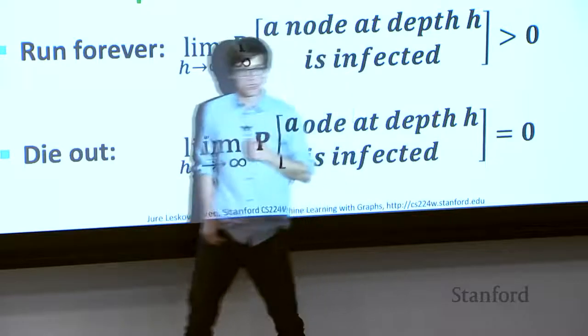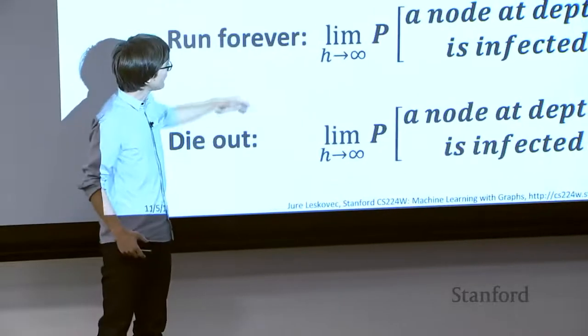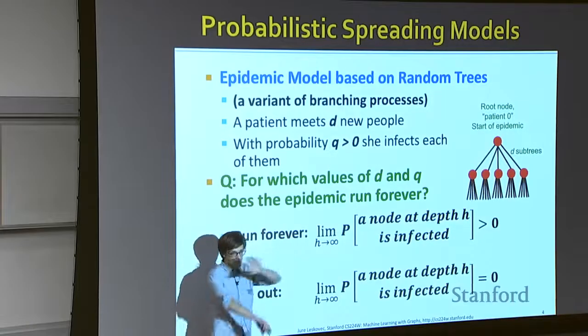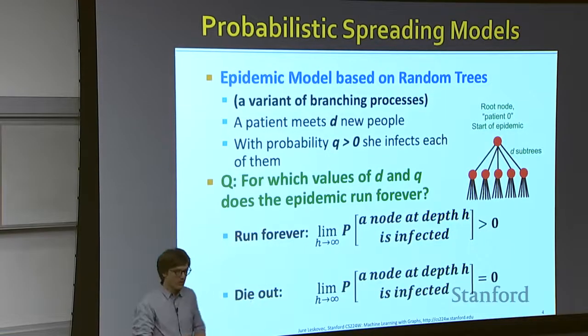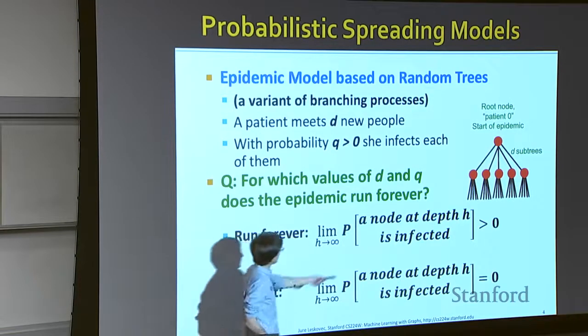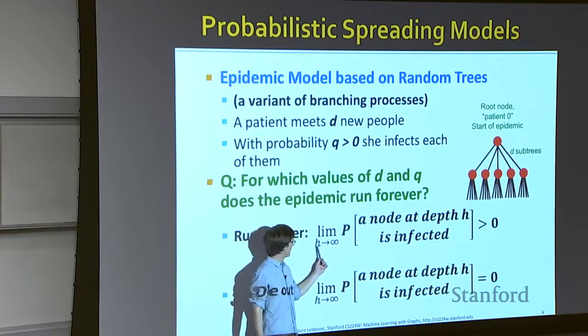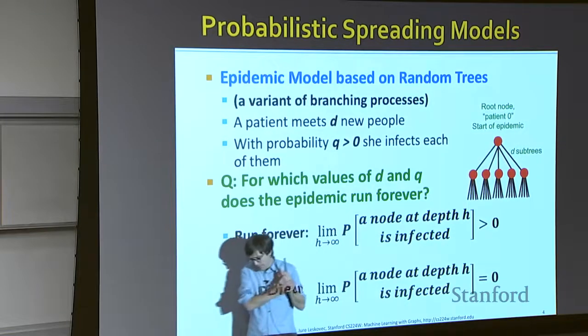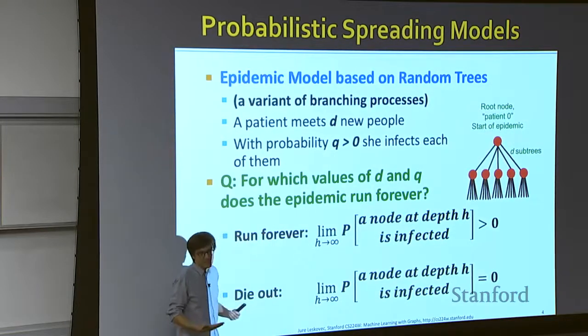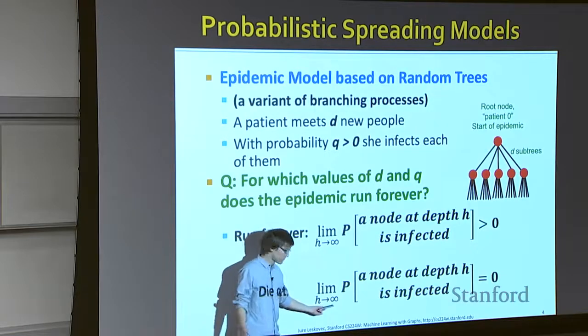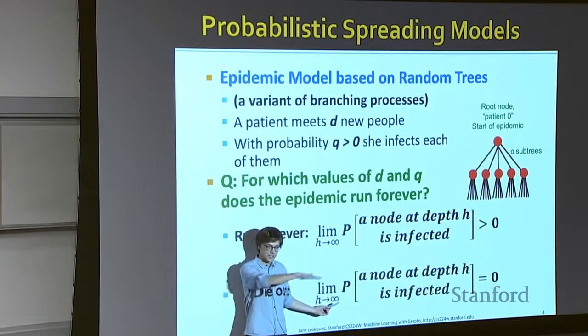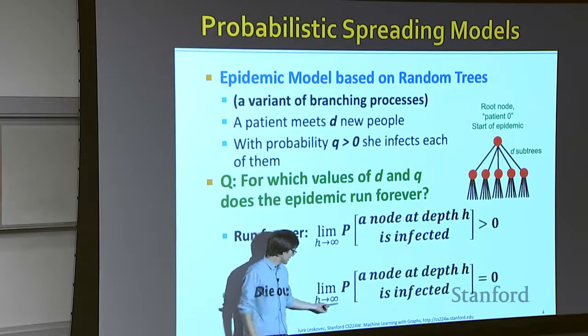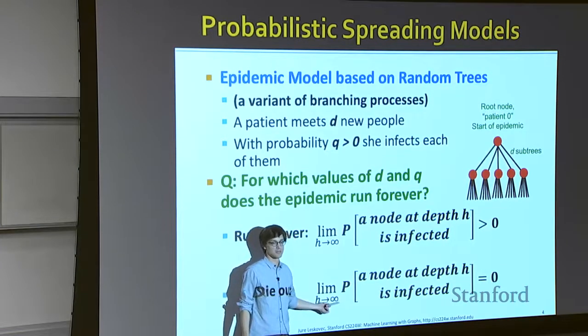So if the epidemic runs forever, the probability of having an infected node at arbitrary depth, as depth goes to infinity, will be greater than 0. This means the epidemic runs. And if the epidemic dies out, this means that from some point on the probability of seeing an infected node will basically be 0. Okay?